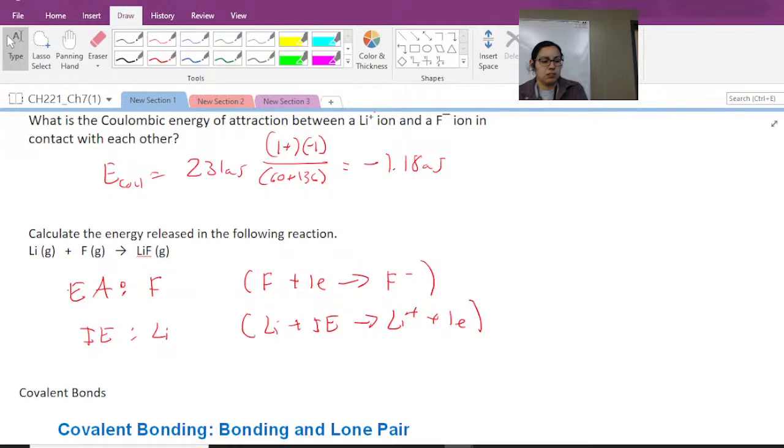Does anyone have the book page by any chance? I know the ionization energy chart is in chapter 4, but I don't have the page. Okay, I'm at least in chapter 4.